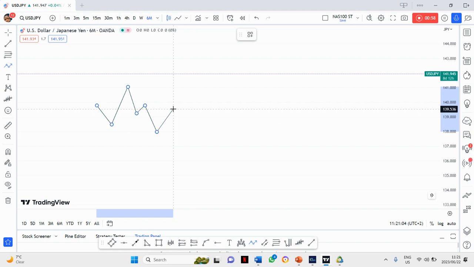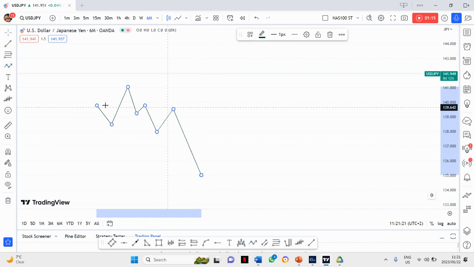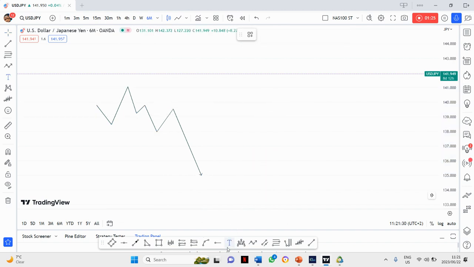So guys, what matters most in this game is psychology. Psychology is what matters most in this game. So once you know that, once you see that the market didn't break this level, just know that it's a bearish breaker. Bearish breaker.